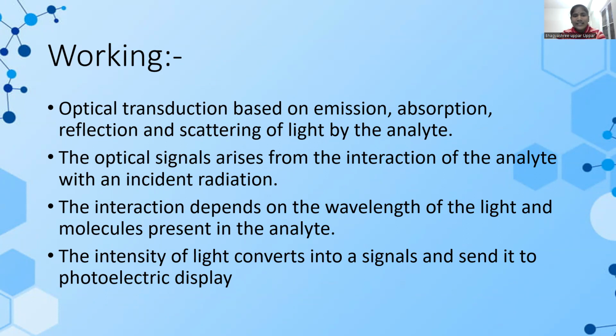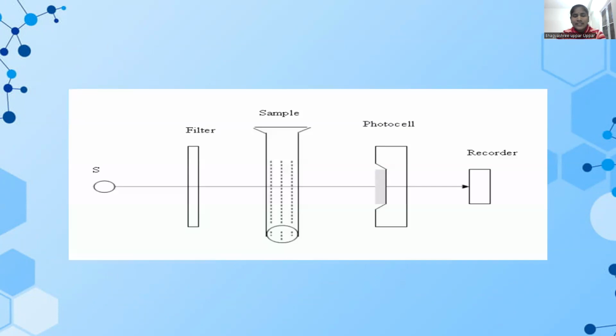The optical signal arises from the interaction of the analyte with an incident radiation. The interaction depends on the wavelength of the light and the molecules present in the analyte. The intensity of light is converted into a signal and sent to a photoelectric display. This is the block diagram of an optical sensor.